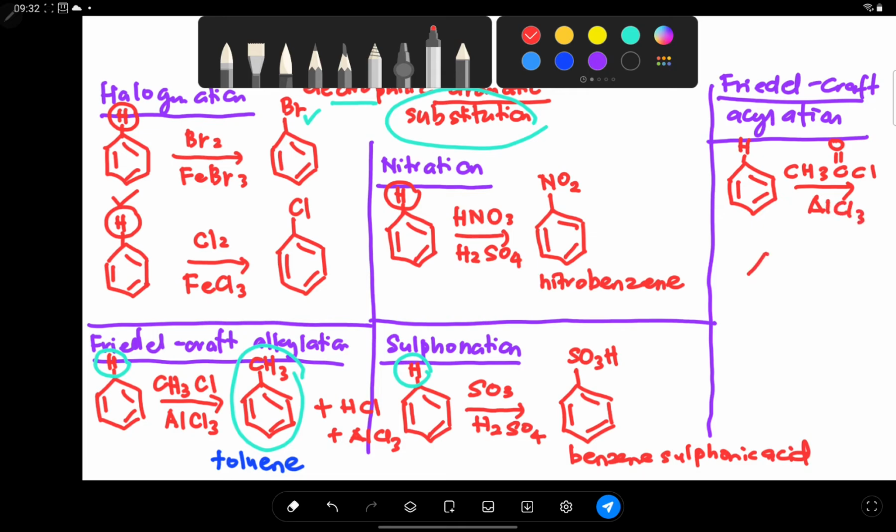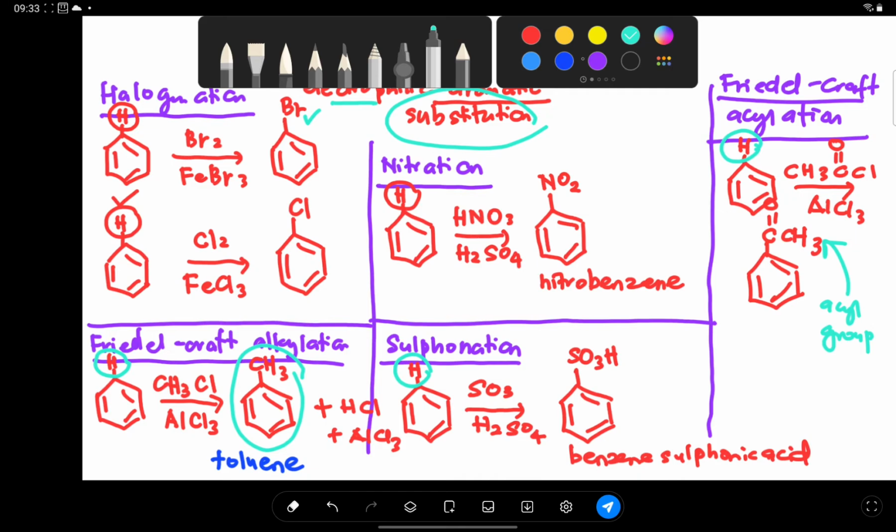It means that this hydrogen is substituted with C=O CH3. So this hydrogen here is substituted with an acyl group. Okay.